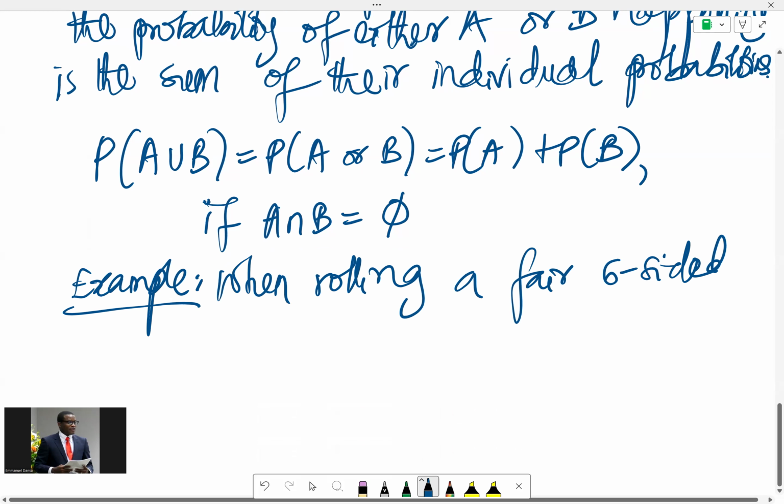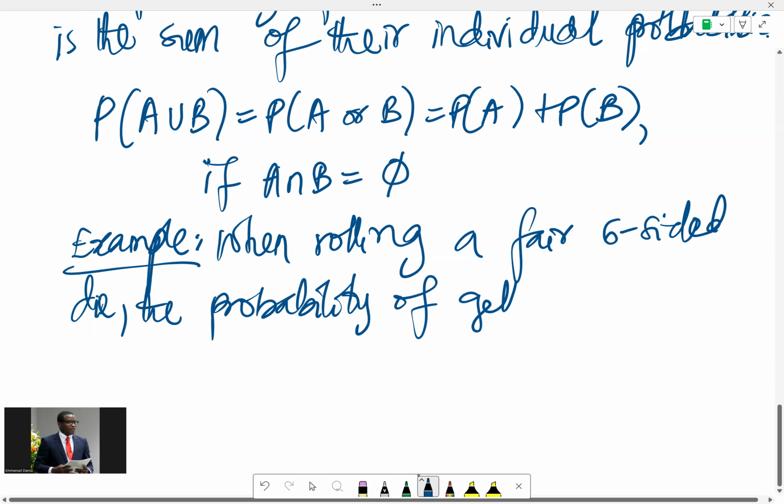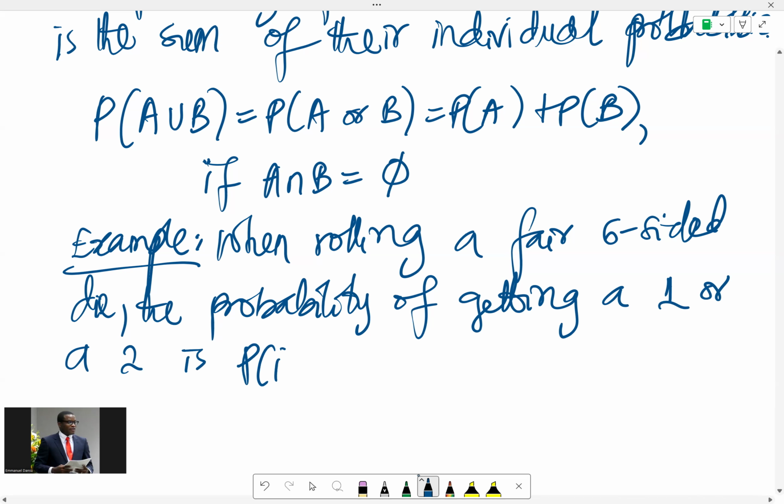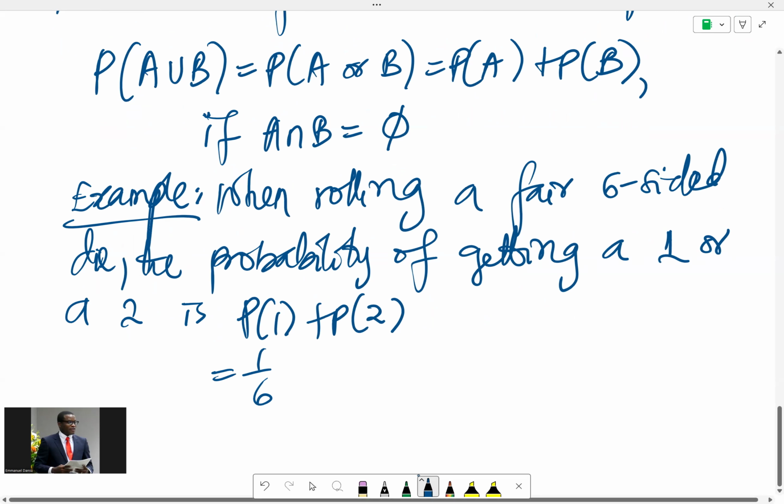For example, when rolling a fair six-sided die, it's always important to say whether it's fair or not, because in the second video I talked about a fair die and an unfair die. The probability of getting a 1 or a 2 is the probability of getting a 1 plus the probability of getting a 2. The probability of getting a 1 is 1/6, because there's only one out of all the 6 possibilities.